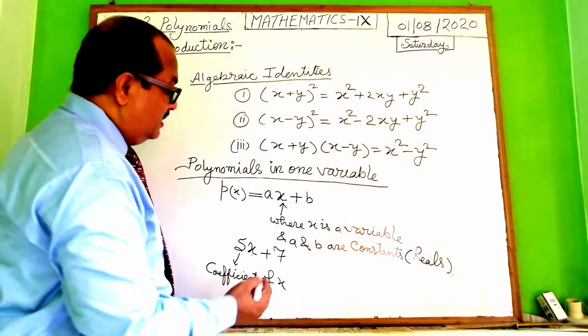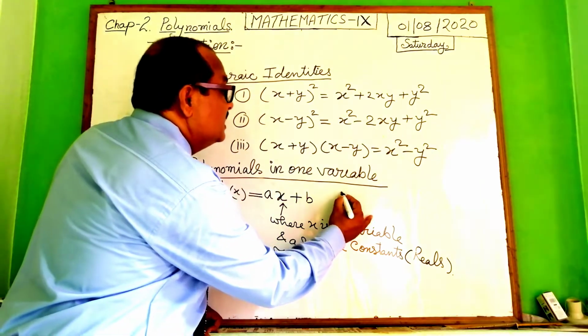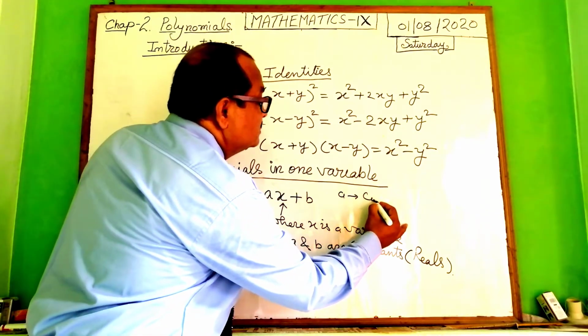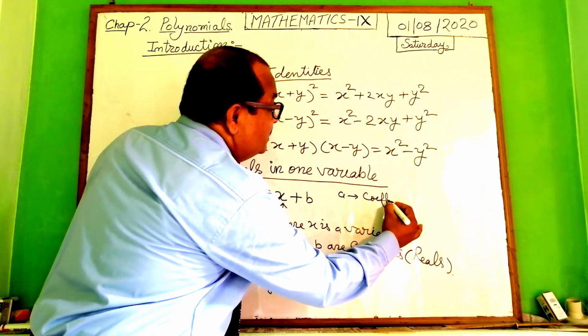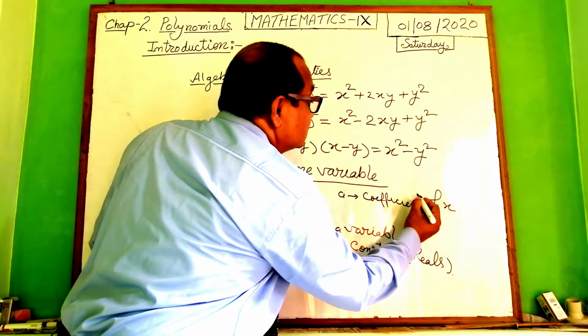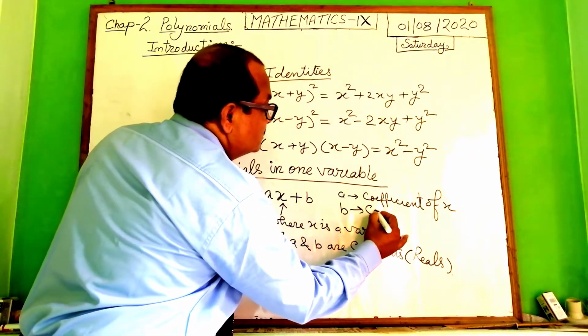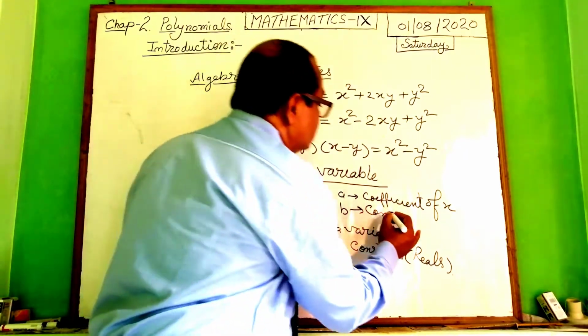x is a variable, and in this case a is called the coefficient of x, and b is known as the constant term.